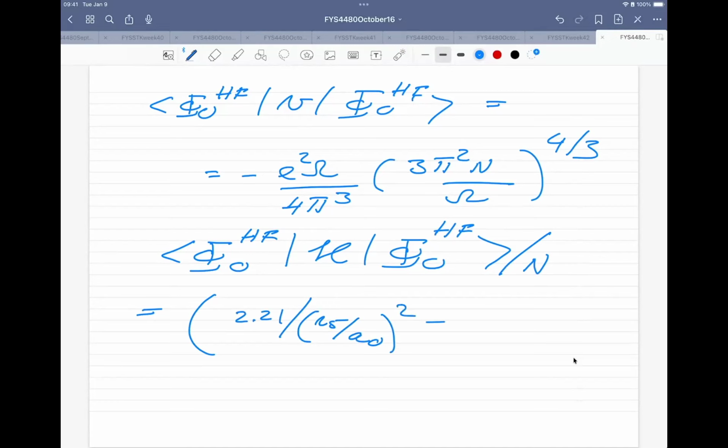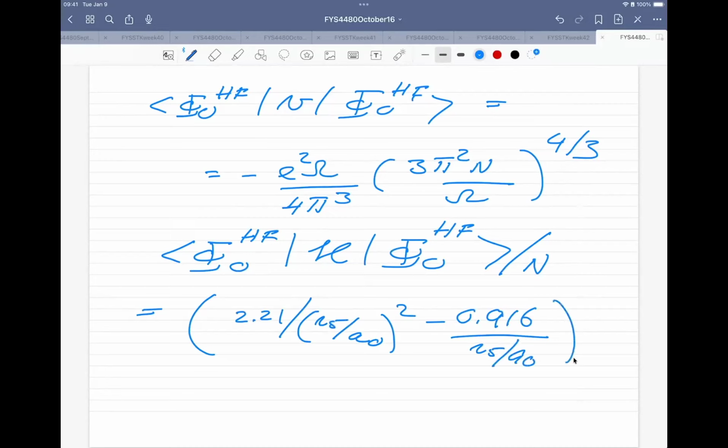The constants in front of the expression become 0.916. And then I take e squared and h-bar cubed and the mass, etc., and I can rewrite everything in terms of the radius of the sphere which an electron occupies, divided by a0.